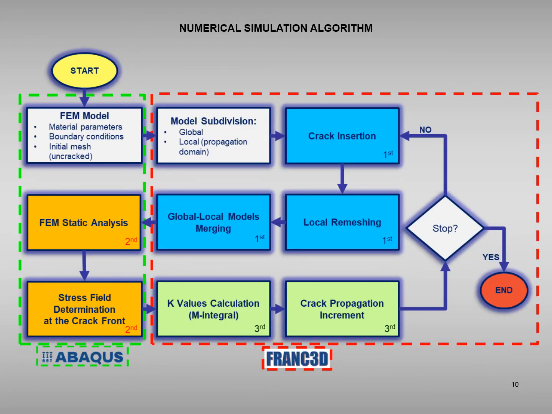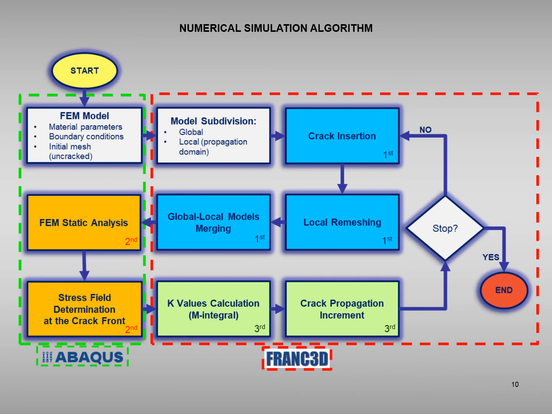Numerical simulations have been performed by the synergic use of the software Abaqus and Franc3D. Here one can see an overview of the simulation process. The cylindrical specimen has been modeled by Abaqus software. The finite element model includes the material parameters, the boundary conditions, and the initial uncracked mesh.